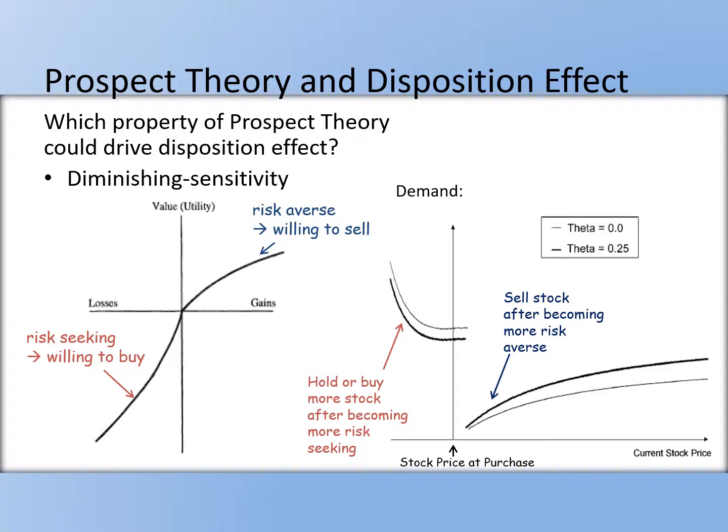This is what Richard Thaler called the house money effect. In a casino, when a gambler wins, do you think it's more likely or less likely he's willing to continue to gamble? More likely, right?